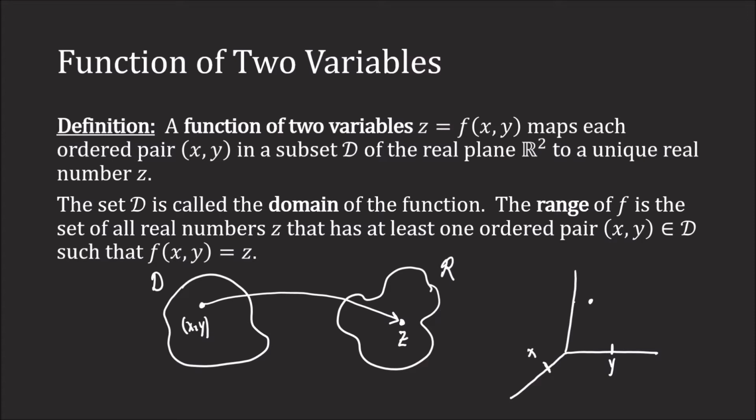Then f of x y is the z. So f of x y essentially measures the height the point is off of the x y plane. This is a height, and that's what z is measuring.